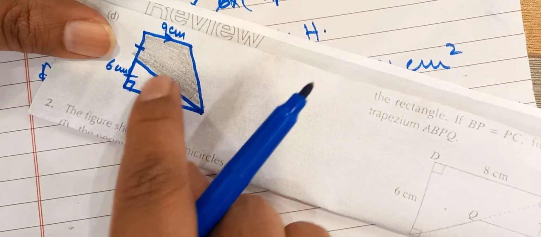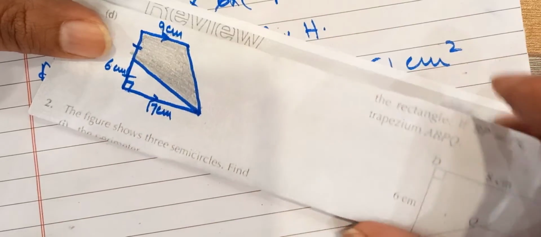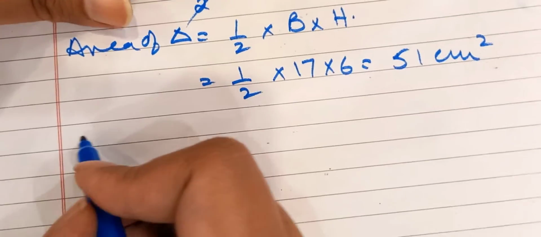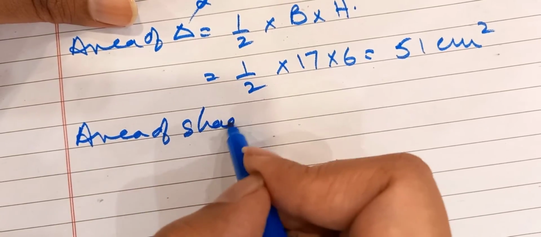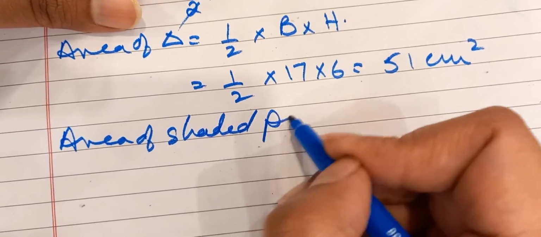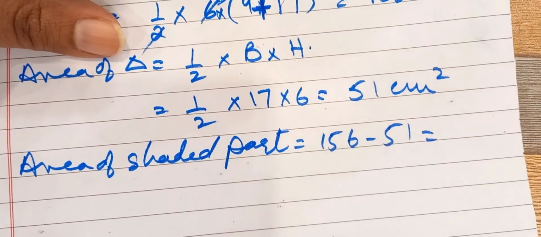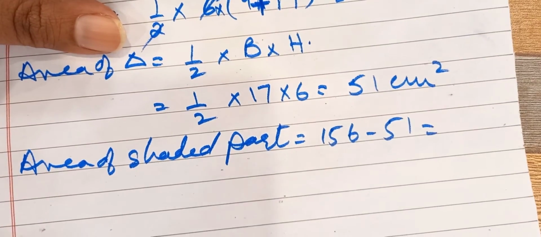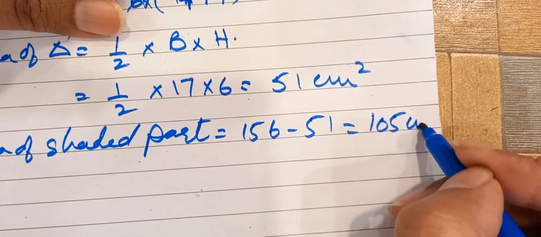Now in order to find the area of the shaded region, I have to subtract the area of this triangle from the area of this trapezium. So area of shaded part is equal to 156 minus 51, and I will be left with the answer, which is 105 centimeters square.